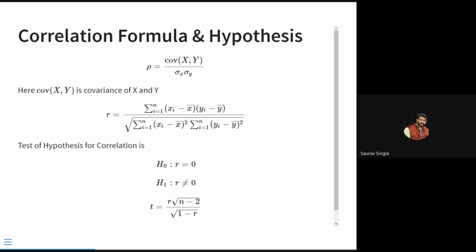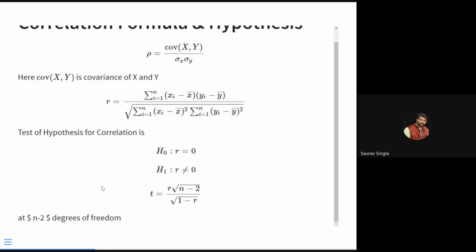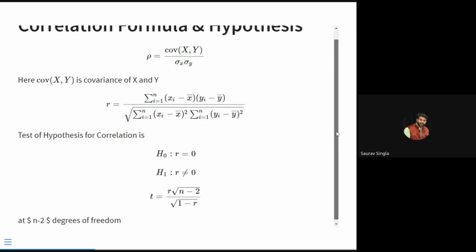Like we discussed in the last lecture, the value of r is coming, but it might be the result of only error factors, not the actual correlation between x and y. So we need to test it. We are testing it using the t-test at n minus 2 degrees of freedom.